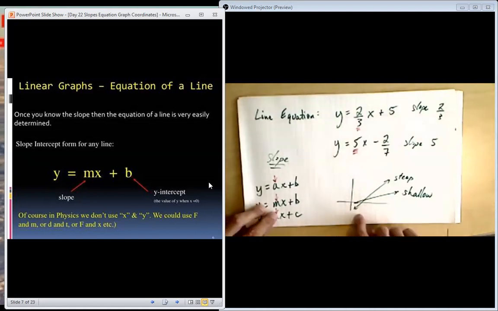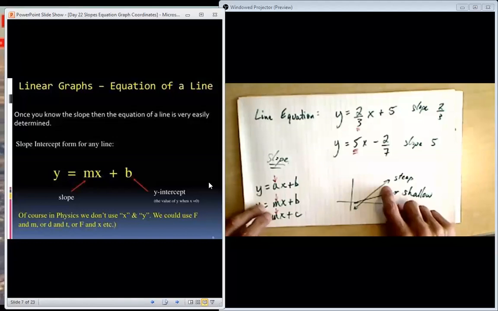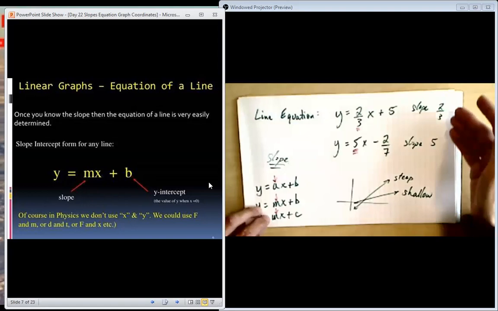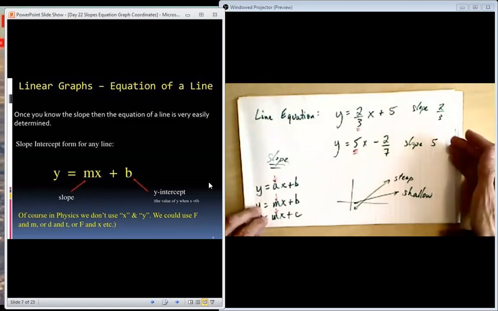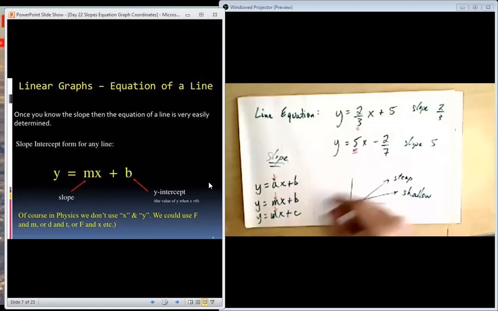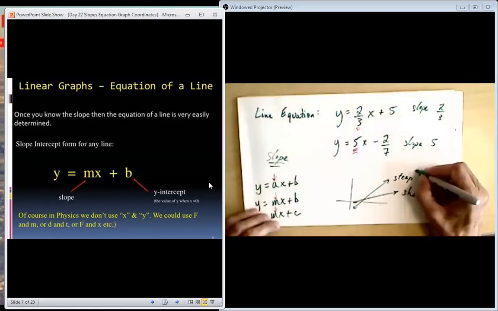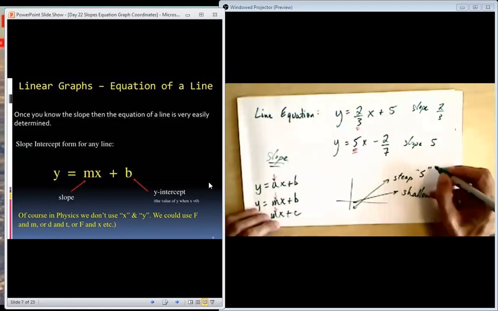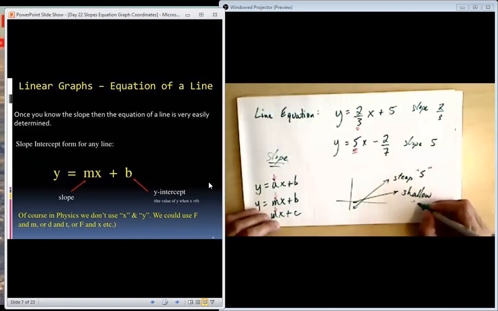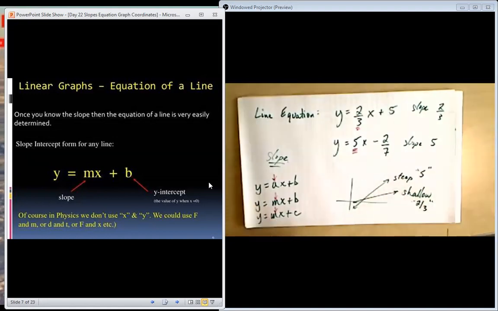If you go on a steep hill, oh, your legs are going to start burning, right? Okay. So looking at these numbers, which one's the bigger one? 5, of course, right? So 5 is going to be the steep hill, and 2/3 is going to be the shallow hill like that. Okay. More on that later on, but just to give you an idea what it means.